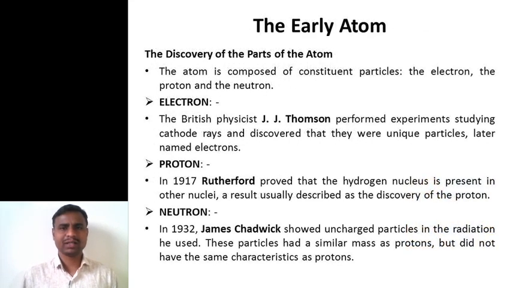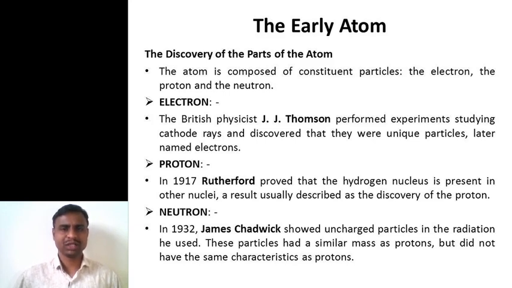The early atom is composed of particles called the electron, proton and neutron. So what is the electron? Who discovered the electron first? J.J. Thomson, a British physicist.